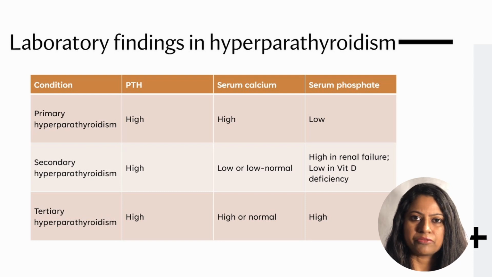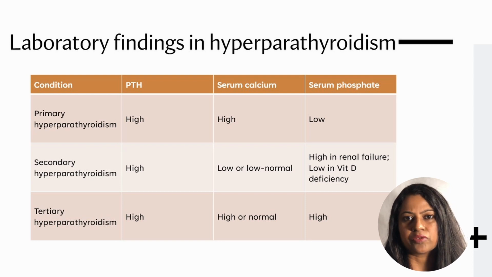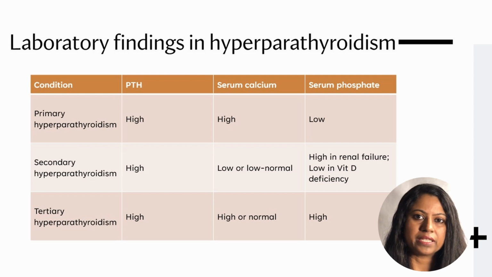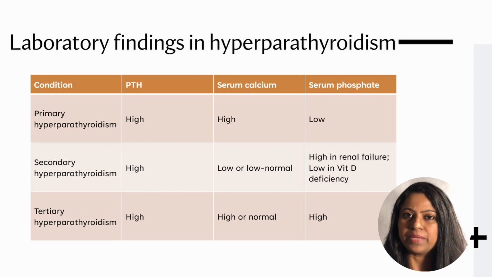So we are going to differentiate primary, secondary, and tertiary hyperparathyroidism by the serum calcium and serum phosphate levels. In primary hyperparathyroidism, the PTH is going to be high, which causes the serum calcium to be high and the serum phosphate to be low. This is just a result of the excess PTH.